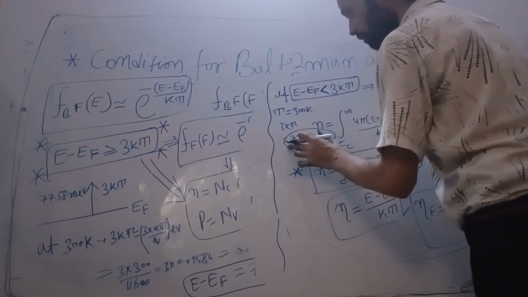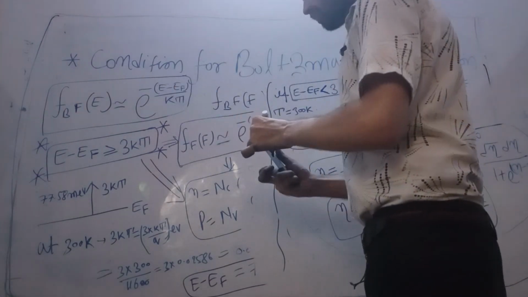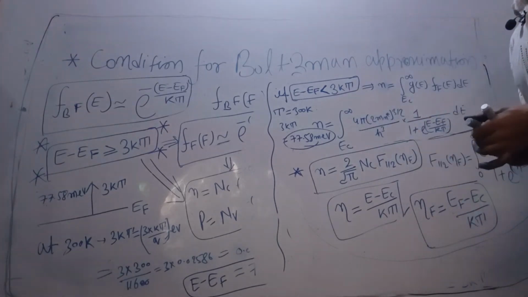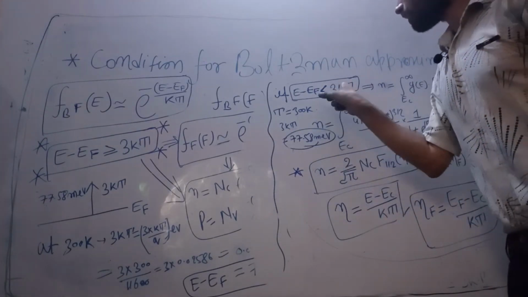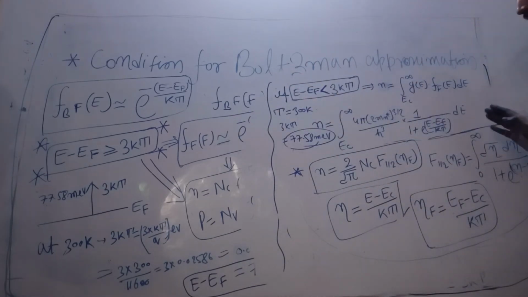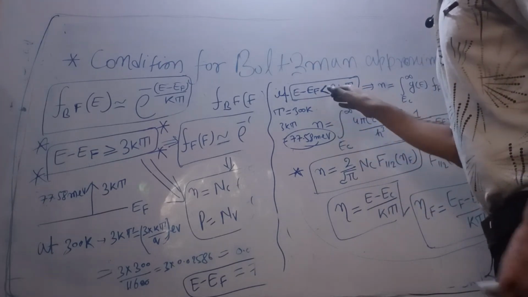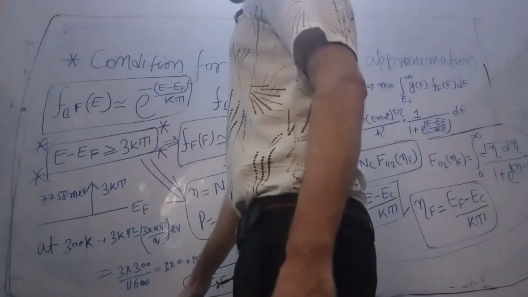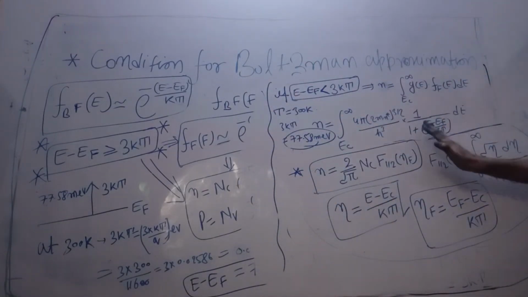If it is greater than or equal to this, you can take the Boltzmann approximation. If it is not satisfying, that is, it is coming less than this, then the approximation is not valid and you have to solve by this approach.